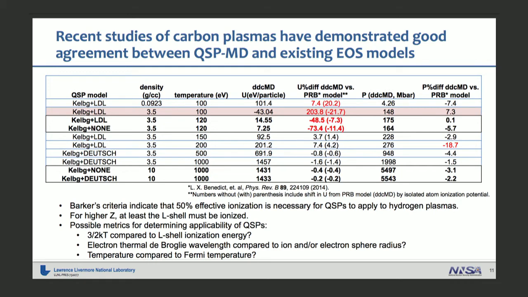Recently I've looked at carbon at a bunch of different densities and temperatures and calculated the internal energy and the pressure using DDCMD, and made some comparisons with this model that was published in Phys Rev B. The relevance of the model is that it's parametrized by quantum molecular dynamics and path integral Monte Carlo, in addition to experimental data. So it's really one of the best equation of state models for carbon that's out there, although we continue to refine our models all the time.